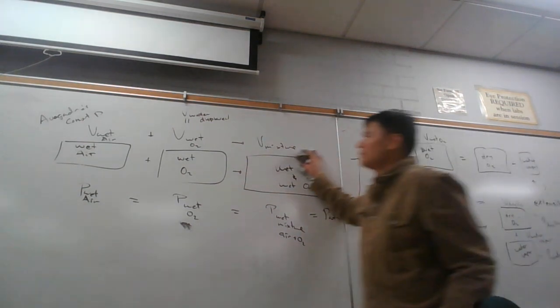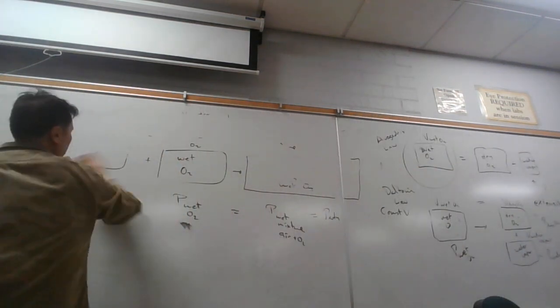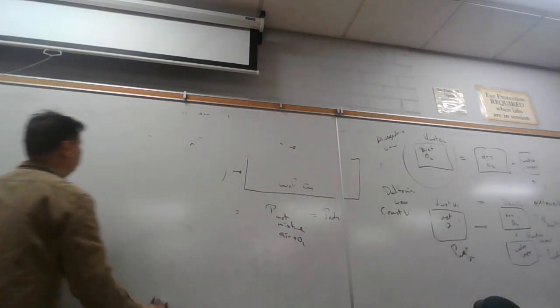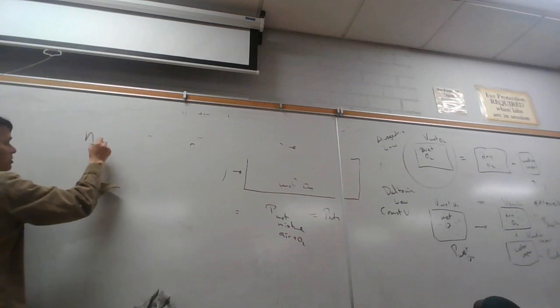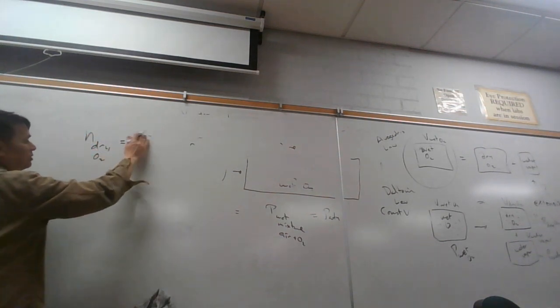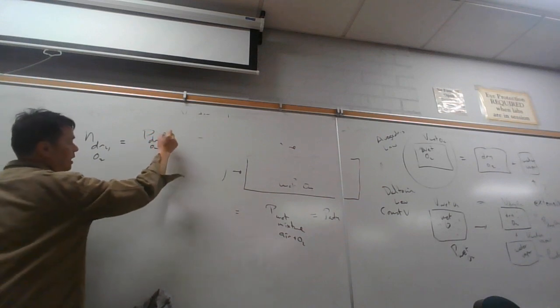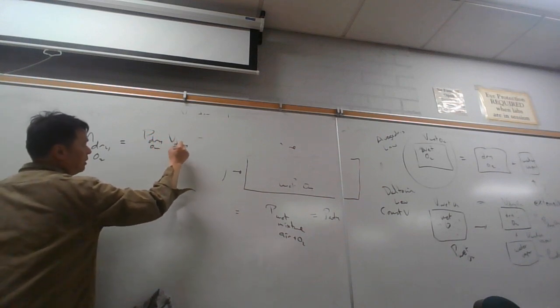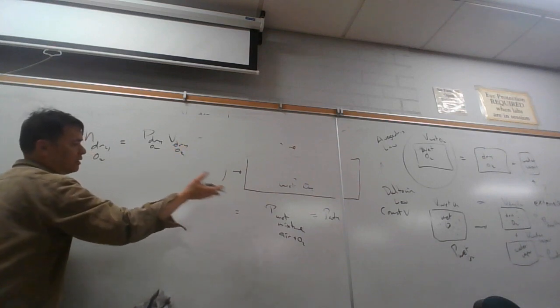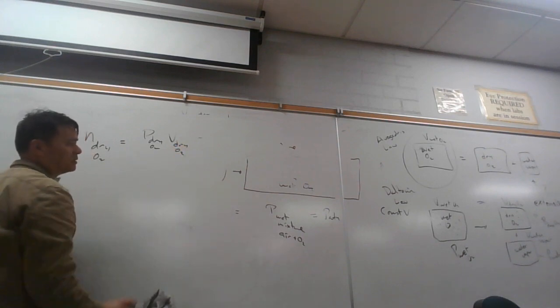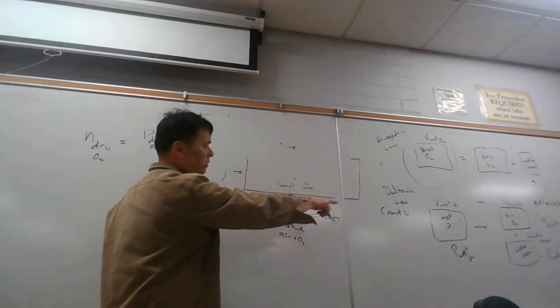So we can determine how many moles of dry O2 we formed. The moles of dry O2 formed is equal to the pressure of the dry O2, which we'll calculate from that, times the volume of the dry O2. The volume of the dry O2 is the same as the volume of the wet O2, which is the same as the volume of the mixture, according to this.